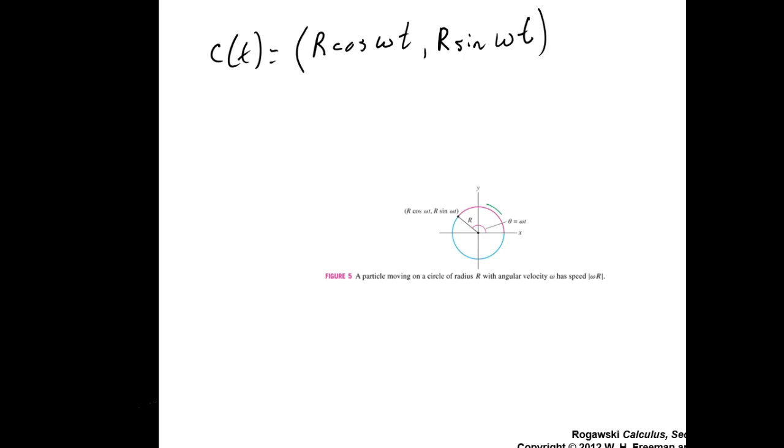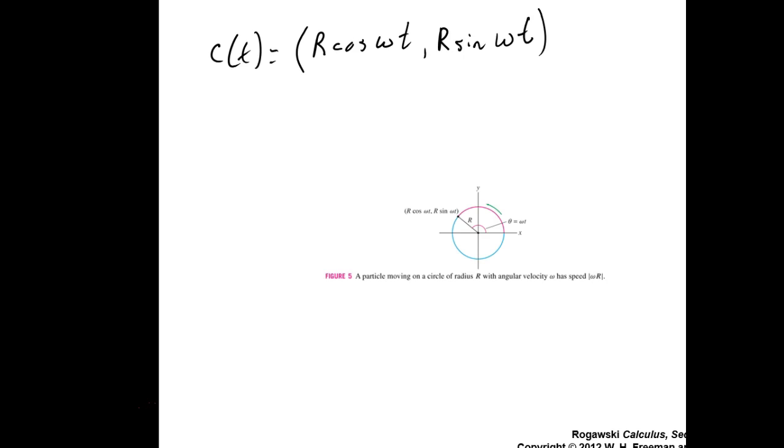But anyway, there is your function that's describing circular motion centered at the origin of radius R, and angular speed omega. Then omega, which is radians per second, angular speed, radians per second, times t in seconds would be radians. Cosine of radians, sine of radians, those are what you take.